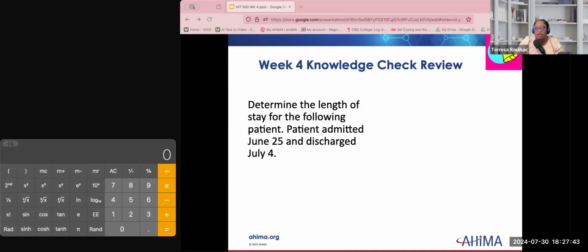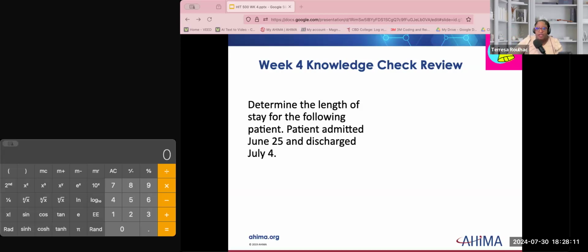Keep in mind the calculations are easiest when the patient is admitted and discharged in the same month, but you can still do it. Here we have A, 10 days, B, 9 days, C, 8 days, or D, 7 days.